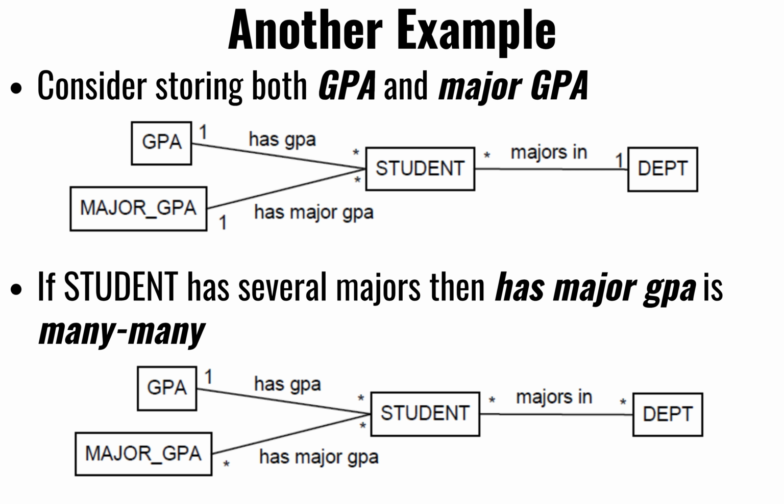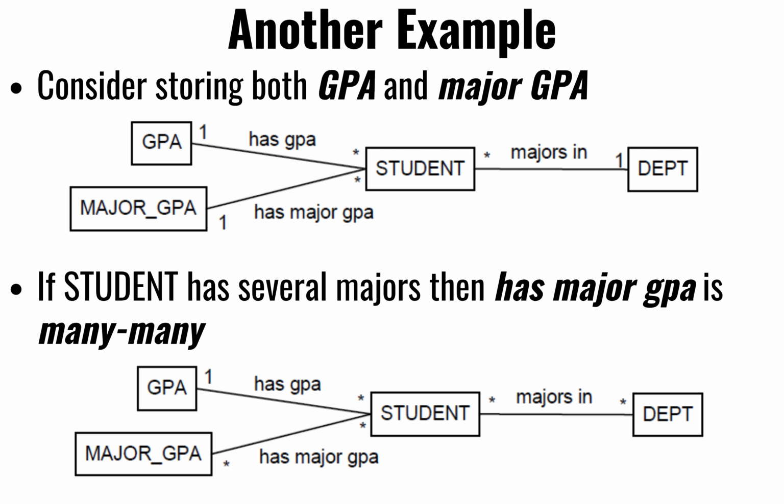But now that you can have multiple GPAs, you might be tempted to also associate it to the student, because the GPA was associated to a student. Now the major GPA can also be associated to a student. But the problem with this is that it doesn't answer the question of which GPA belongs to what department. This one over here, all by itself, just tells me that the student has a GPA, but I can't tell you for which major. I can't tell you for which one.